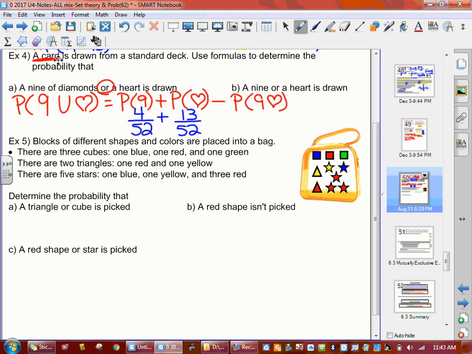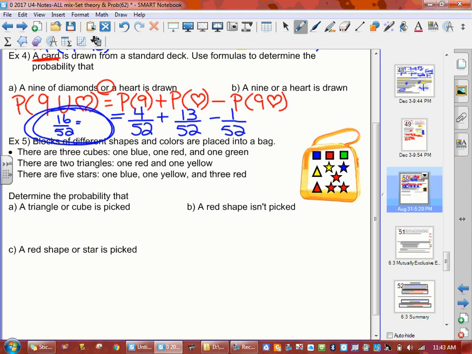There's 1. So we're going to subtract 1 of 52. And that's going to give us our answer here, the OR. So we add the top numbers. 4 and 13 give me 17. I subtract 1. That's going to give me 16 over 52, which we are going to reduce.